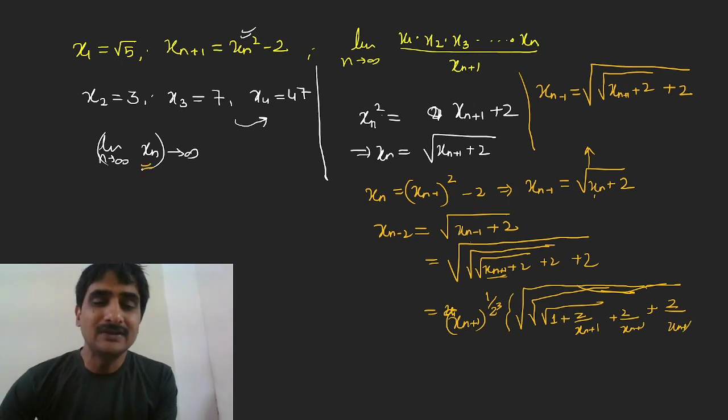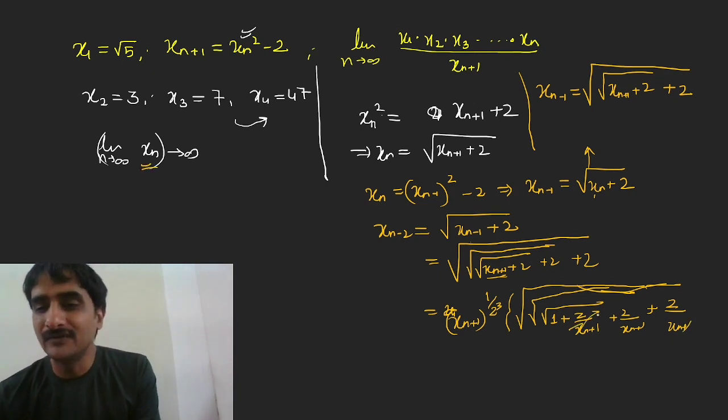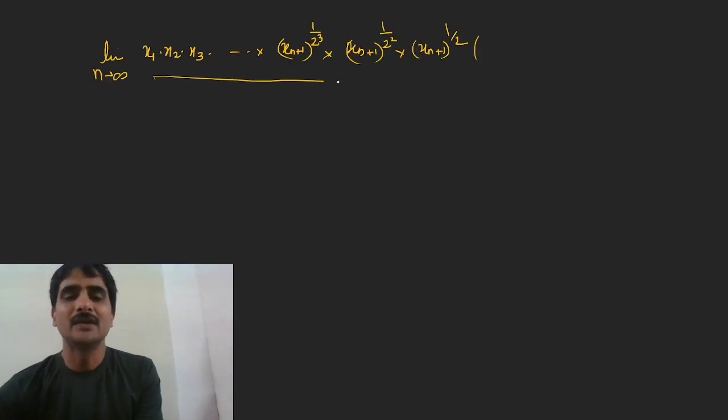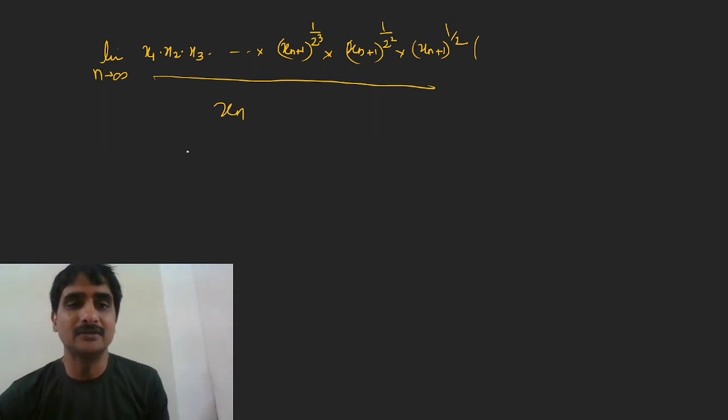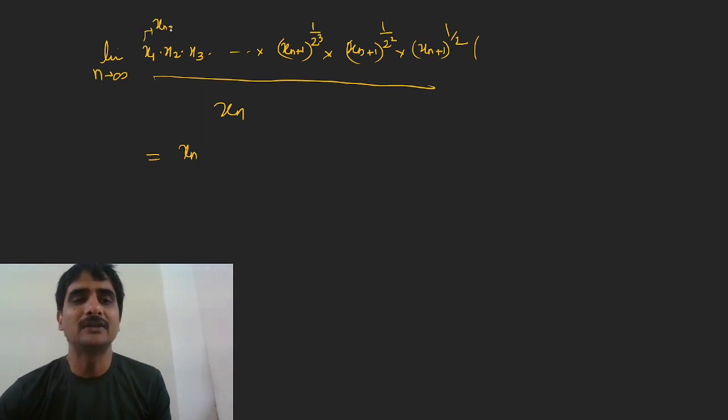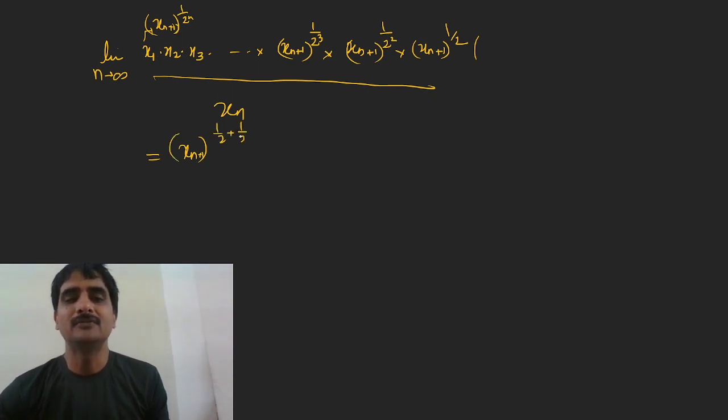And we know xn is approaching infinity, so all these terms with 2 by xn plus 1 go to zero when n approaches infinity, so nothing is left. Okay, so finally it's xn. Now when you do it till x1, you will be getting common xn plus 1 raised to the power 1 by 2 plus 1 by 2 square plus dot dot dot plus 1 by 2 raised to power n, and whatever is left is 1 here.